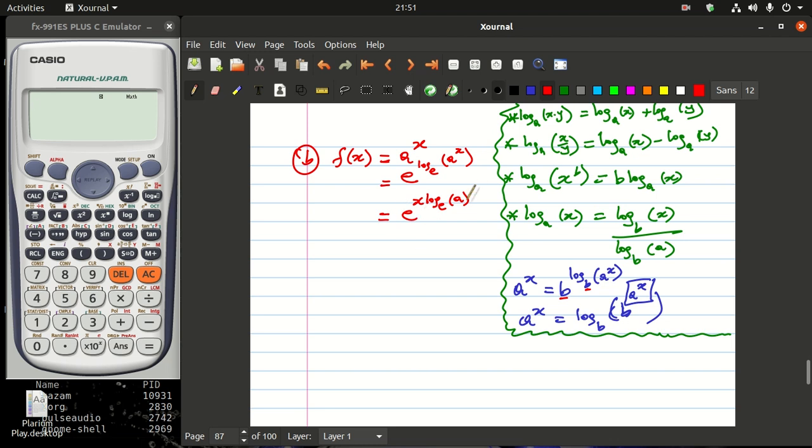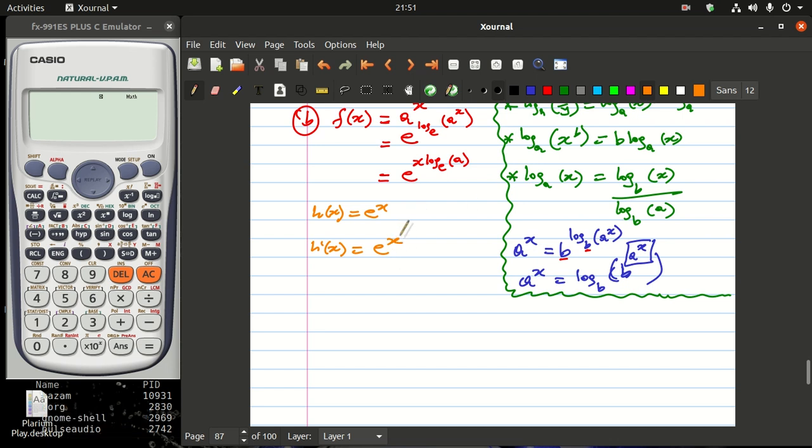And now that I actually have this nice thing here, I know how to take the derivative of a function h of x is equal to e to the power x, because h prime of x is still going to be the same thing. That's what we actually found above here.